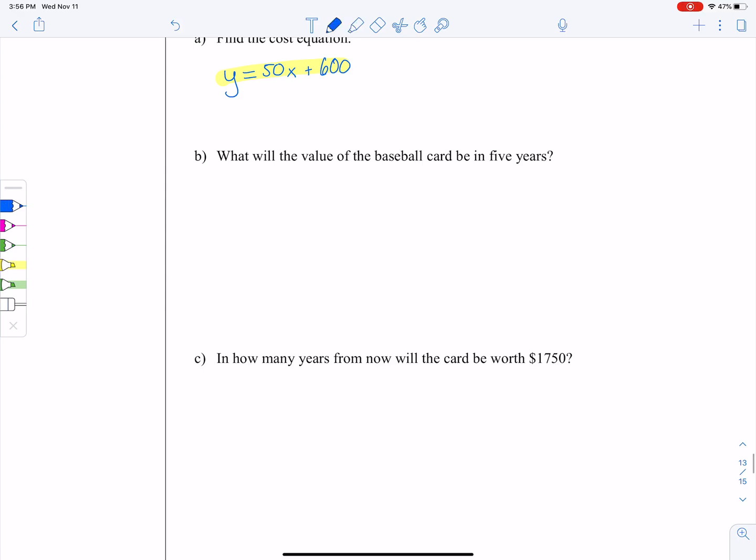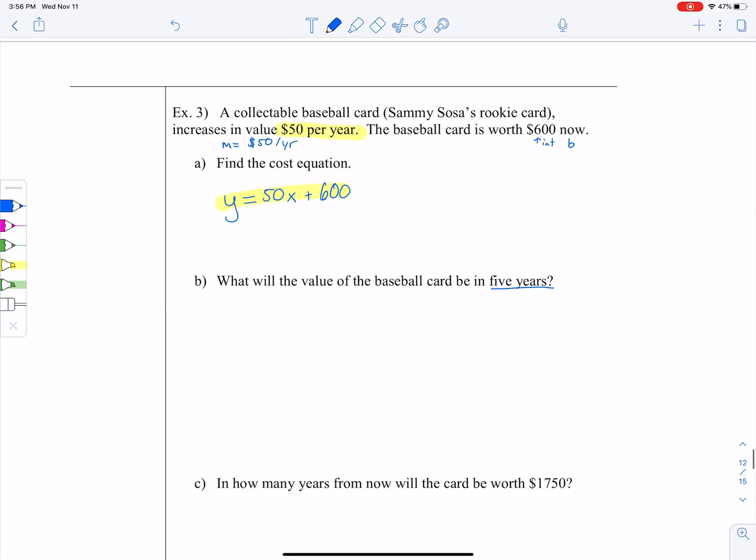Next, what will the value of the baseball card be in 5 years? So we had a cost equation up here of $50 per year. So that means it's dollars per year, which means this is Y and this is X. So that means this is an X value.